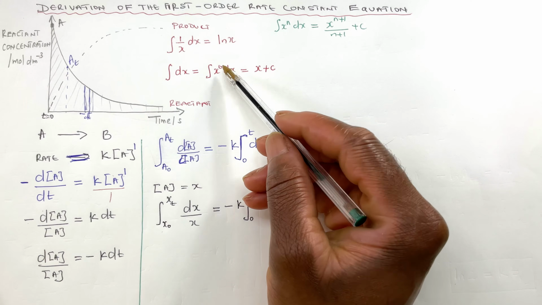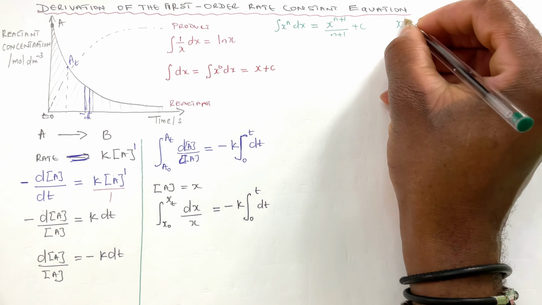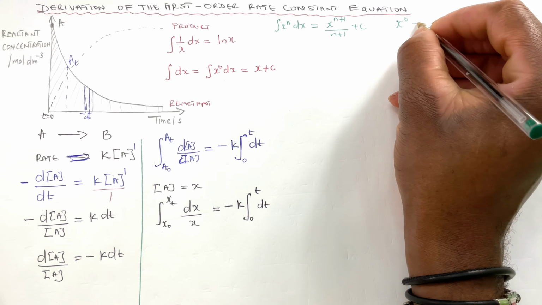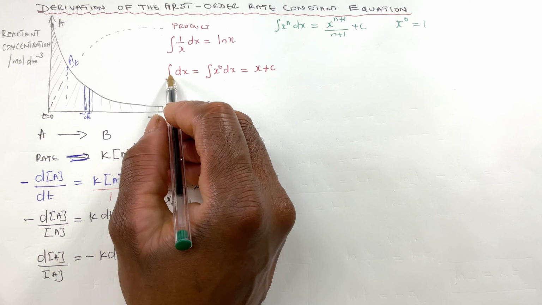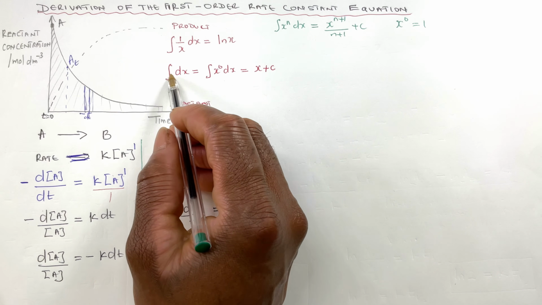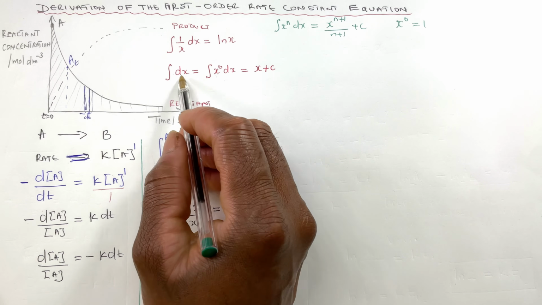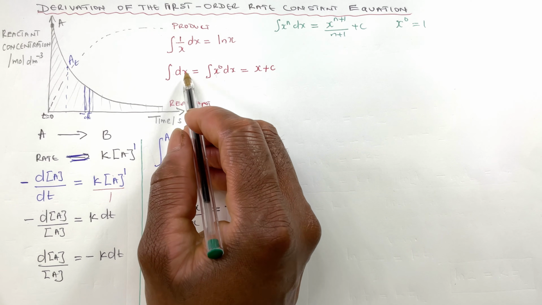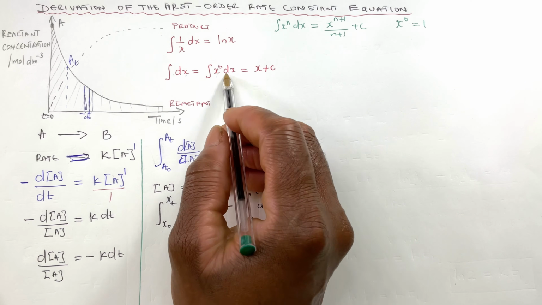As you can see, there's a 1 here, and I do know that x to the power 0 equals 1. So there's a 1 here, and I know the variable is x, so I can say x to the power 0, because x to the power 0 is 1. If the variable is t, then I'll say t to the power 0 dt.